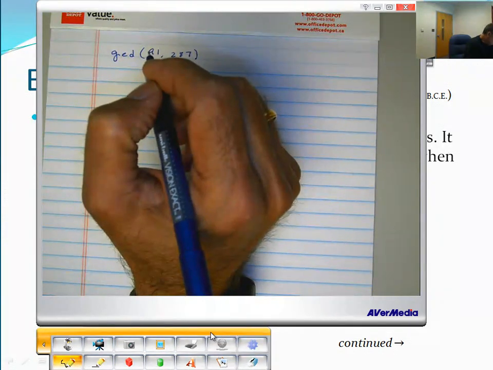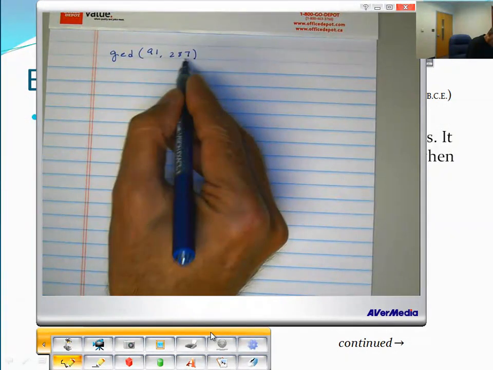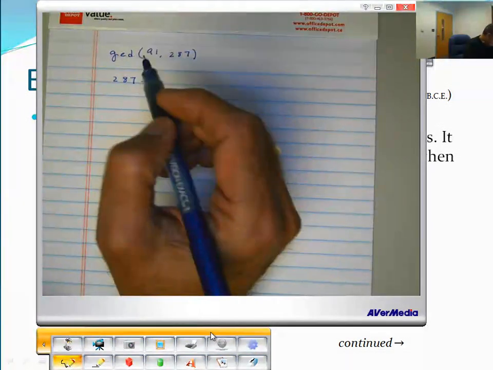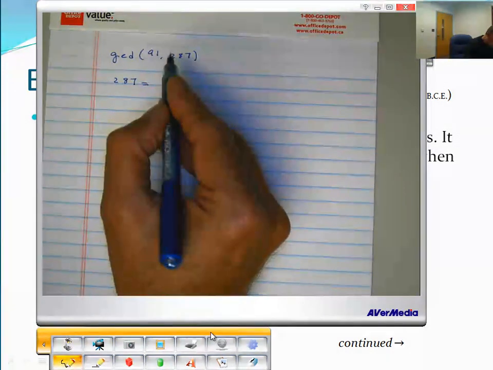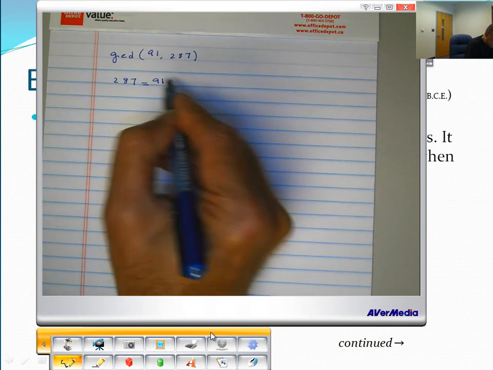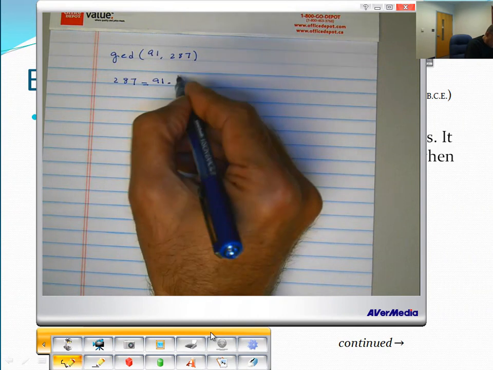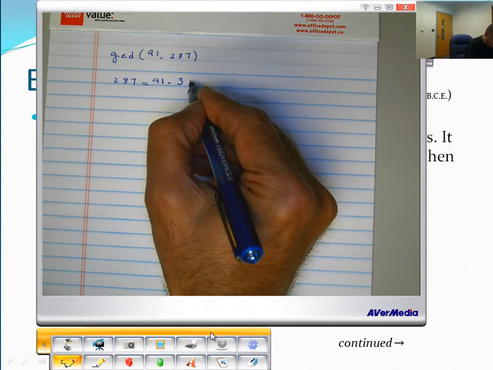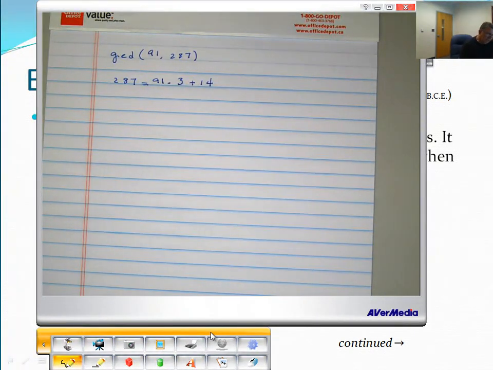What we do here, the algorithm says, first you take the largest one of those, 287, and you divide it by the smaller number. 287 equals 91 multiplied by the quotient, which is 3. There are 3 91s in 287, plus there's a remainder. You write the remainder there.